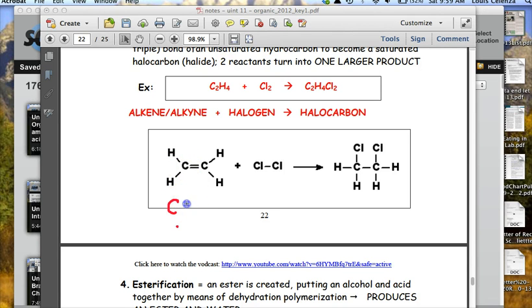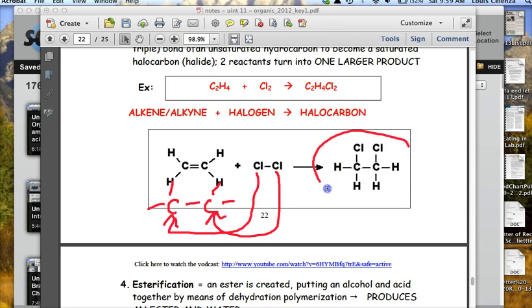You say, well, wait a minute, each carbon does not have 4 bonds now. Because you break that double bond, that opens up another bond for each carbon. So what happens is one chlorine joins here, the second one joins here, and you end up with just one product.